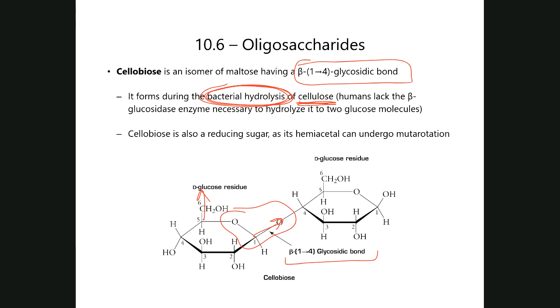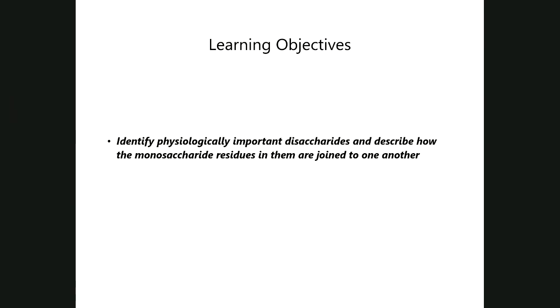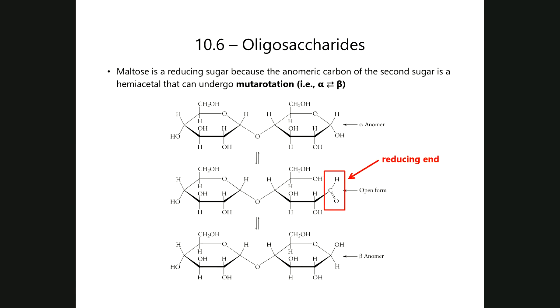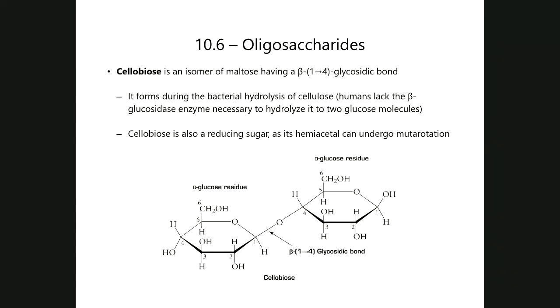Now this end, because it's a hemiacetal, like maltose, can undergo mutarotation because that can open and close back and forth, right? So this piece is what allows the structure to still exhibit mutarotation, which means it's going to be positive if you throw it at Benedict's. But this piece, because it's fixed, nothing happens there. This is just simply an alternative arrangement of the two sugars bonded together, okay?